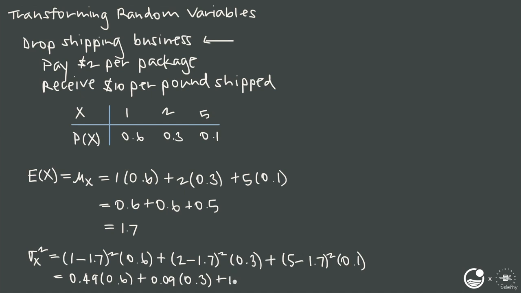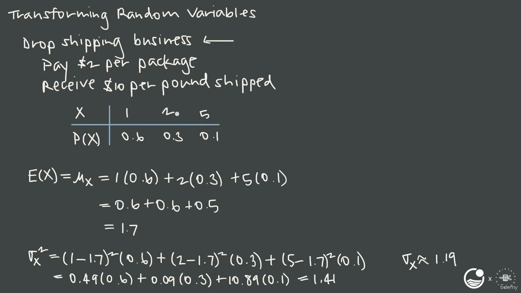When we square that, we get 10.89 times 0.1. That's going to give us a value of 1.41. And when we take the square root of that to get standard deviation, we find a value of approximately 1.19. So that's our standard deviation for this discrete random variable x, modeling the weight of the amount of product we're shipping out.